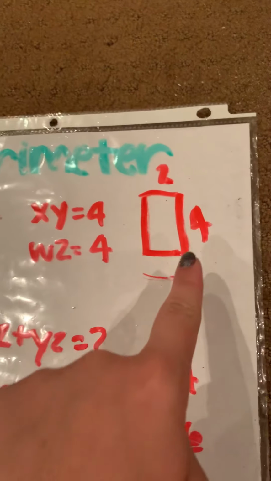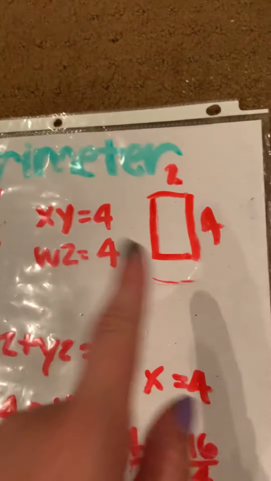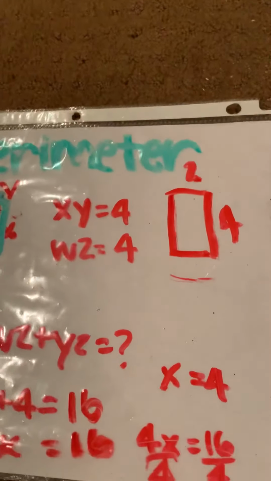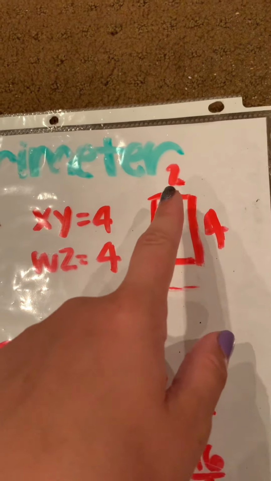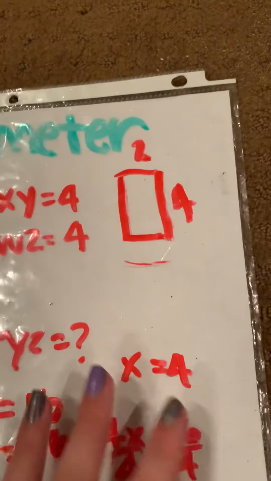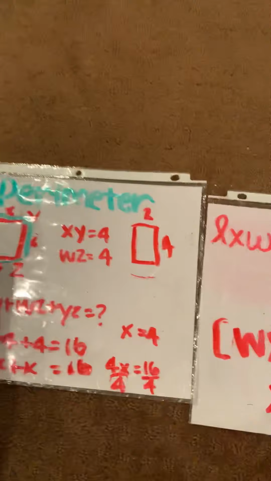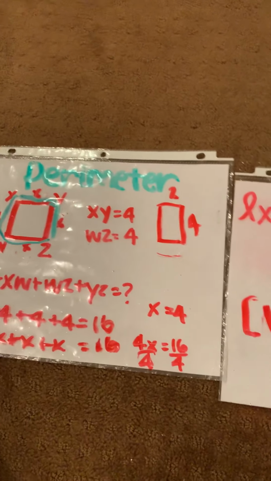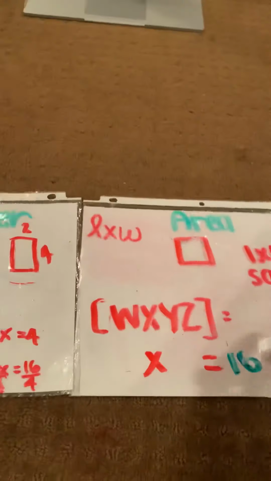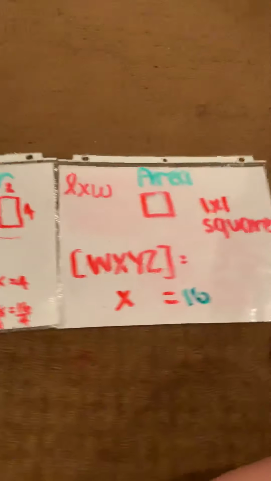And then if we were to use our rectangle as an example, the area it covers would be 4 times 2, which is our length times our width, and we would get 8 as our area. So the area of WXYZ would be 16, because we did 4 times 4, which was our length, times our width, which would give us our area.